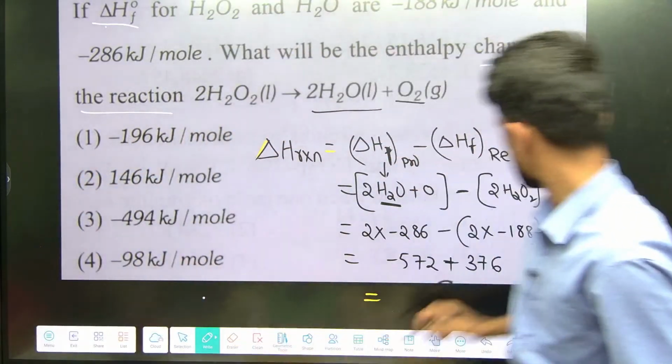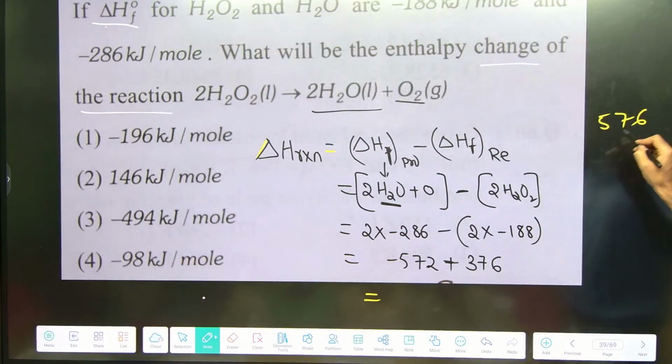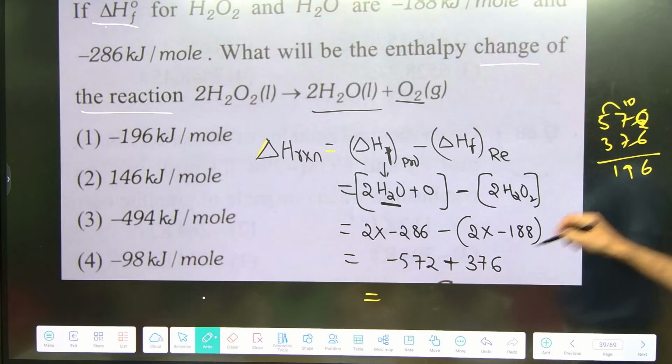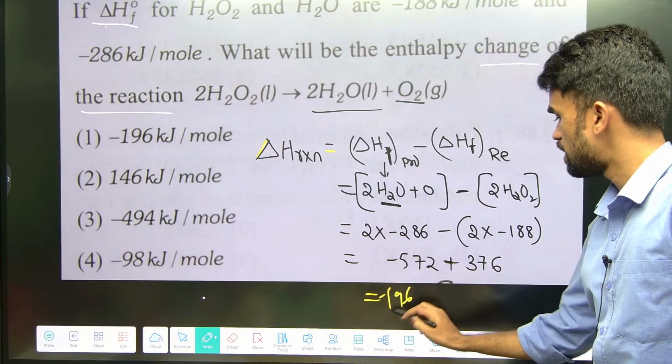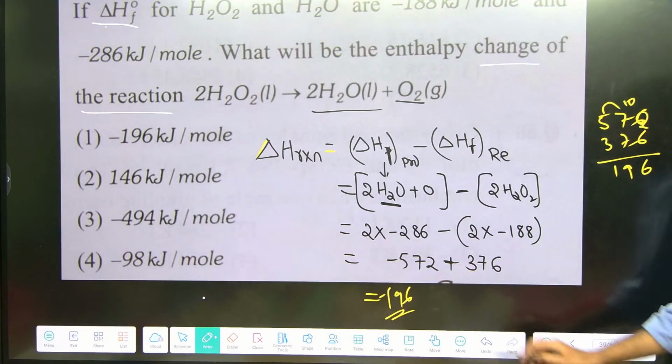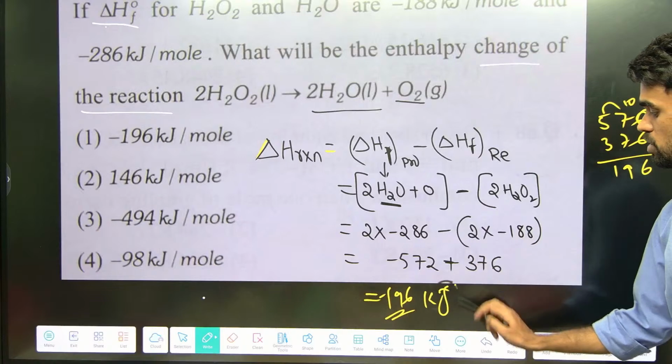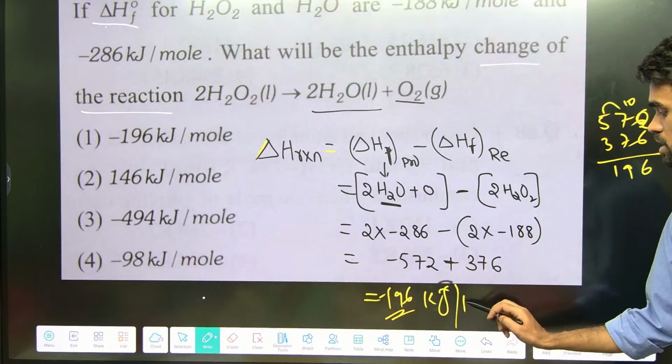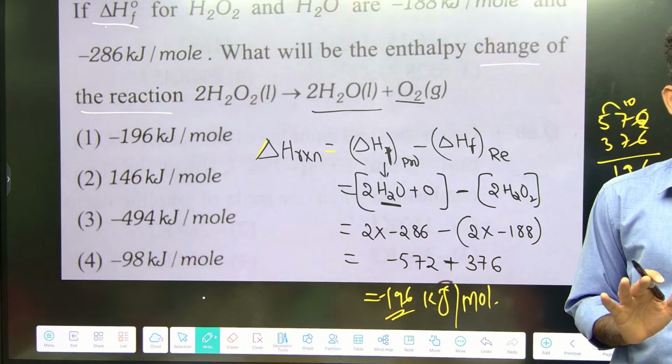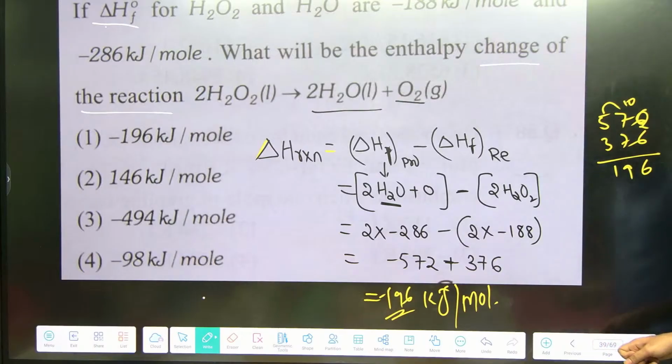Let's check. 576 minus 376, 572. So it is minus 196. We have the first option now, so that is your answer. Did everyone get how we are solving this question? Is this clear or not? Please tell me if there is any confusion. Now itself you ask.